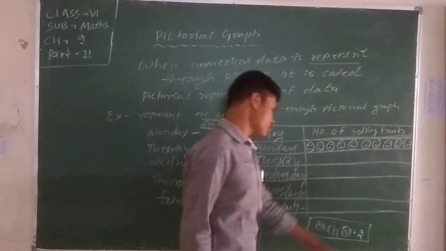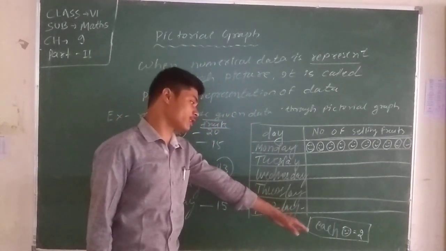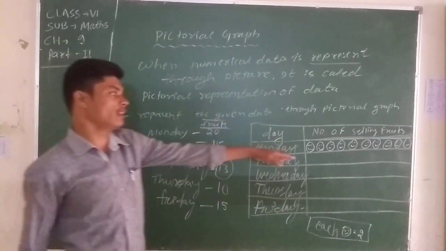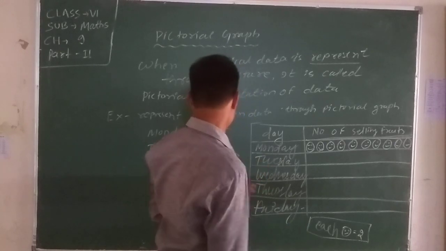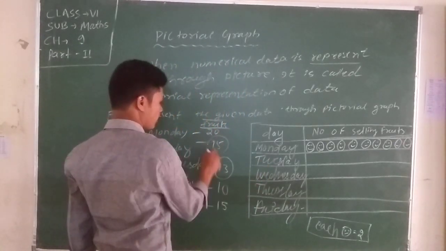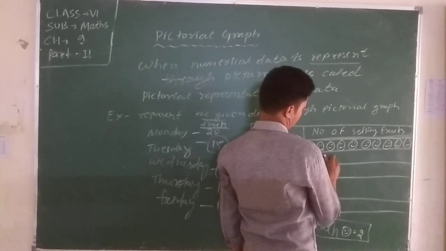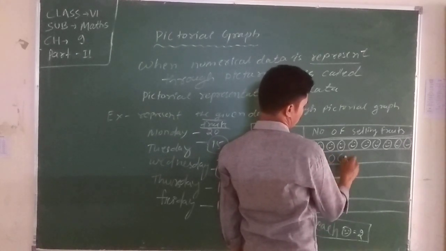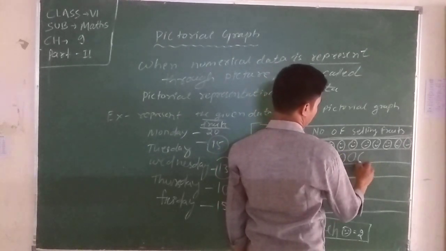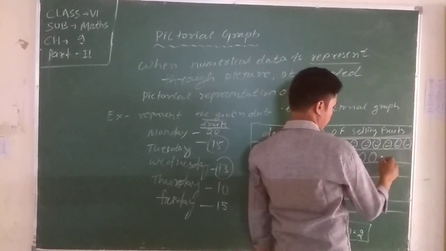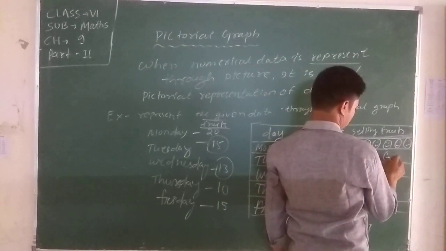Okay. Each smile face is equal to what? 2. Then 20 equal to 10 faces. Then Tuesday, how many is there? Tuesday 15. Then 7 and a half. We draw 7 and a half: 1, 2, 3, 4, 5, 6, 7, and half.